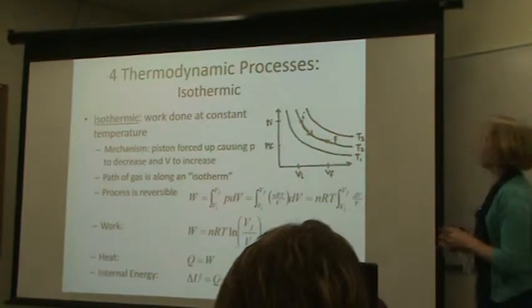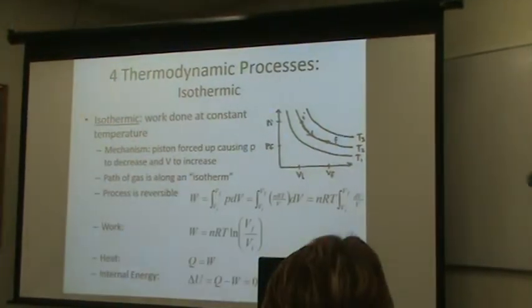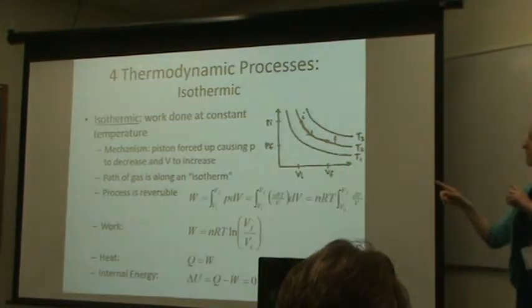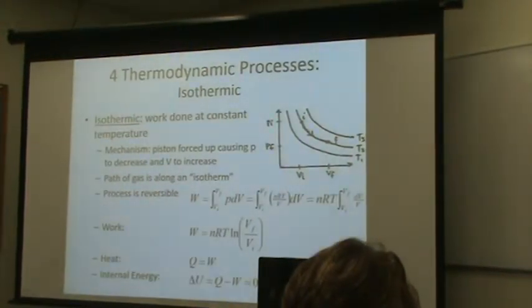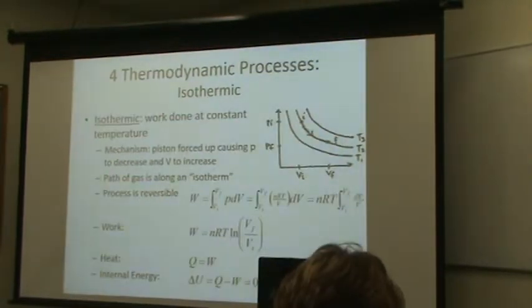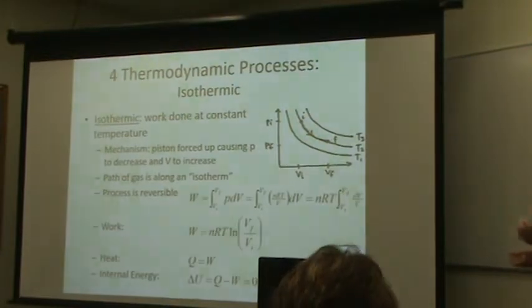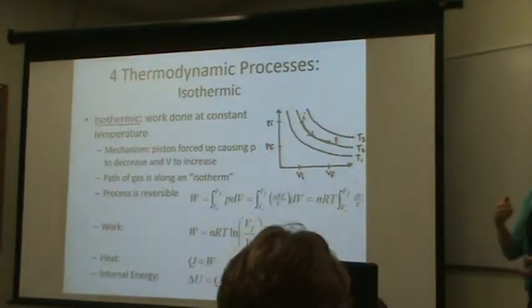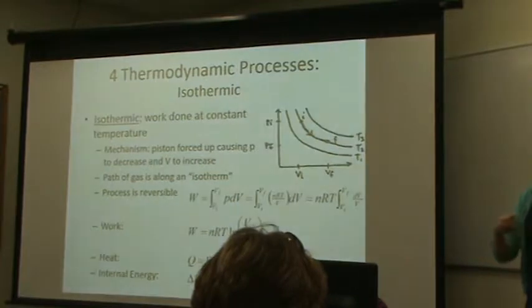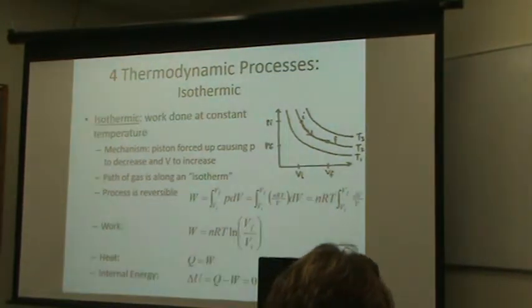What's happening is your pressure is decreasing and your volume is increasing simultaneously. If we force the piston upward ourselves, manually pulling that piston upward, then we're increasing the volume and decreasing the pressure simultaneously. If you do that at a steady rate, then the temperature will stay constant throughout that process.